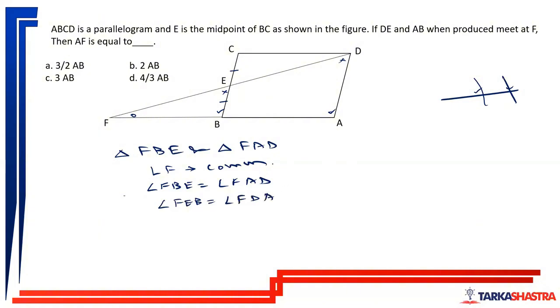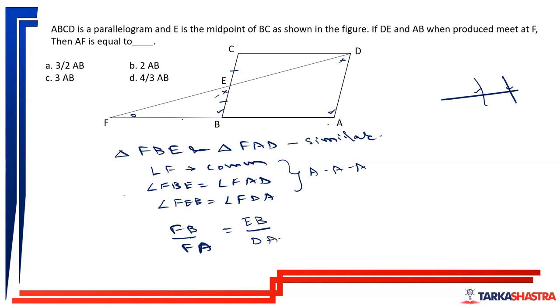Again, corresponding angles. So these two triangles are similar by AAA similarity. So from this, what do we get? FB upon FA is equal to EB upon DA.